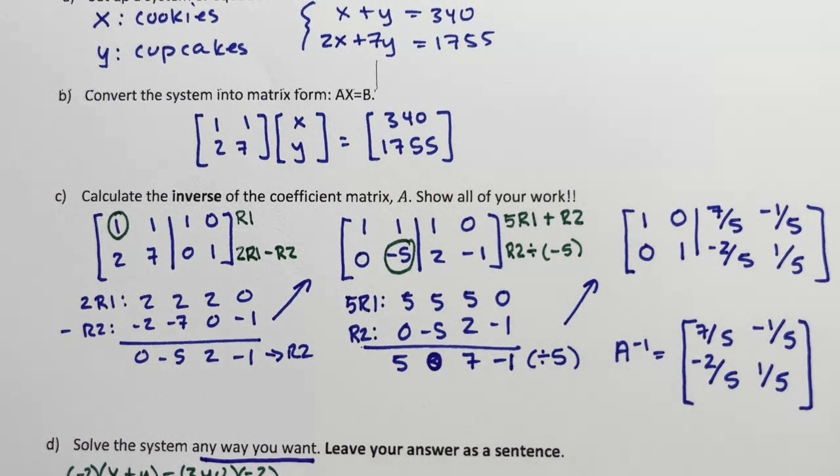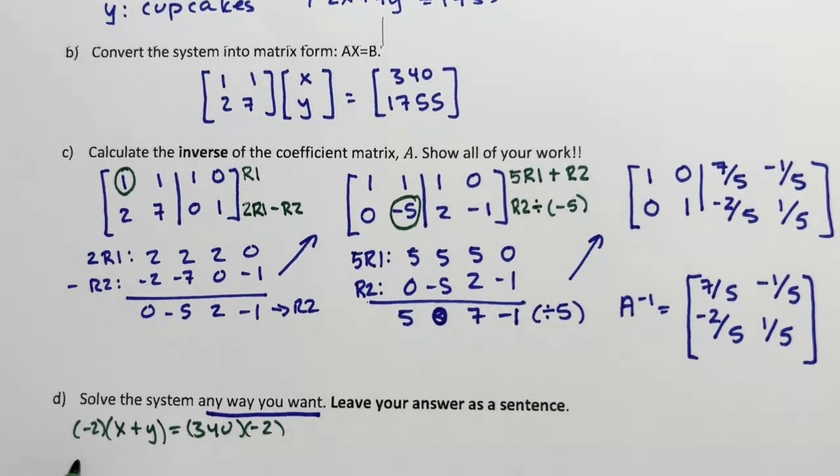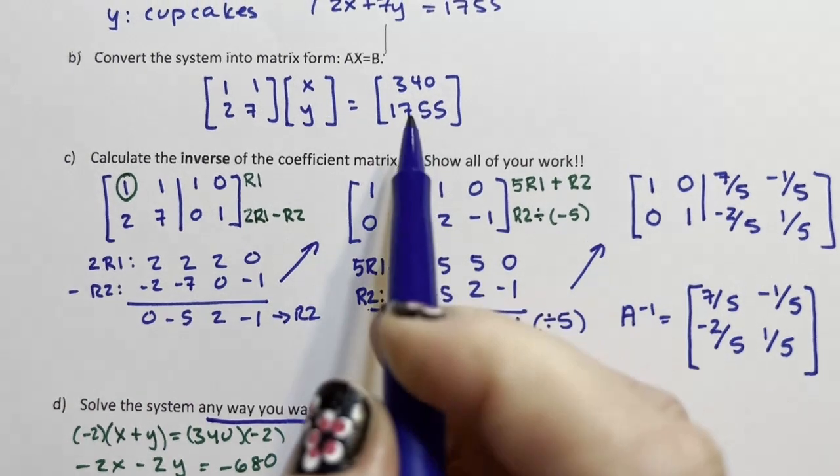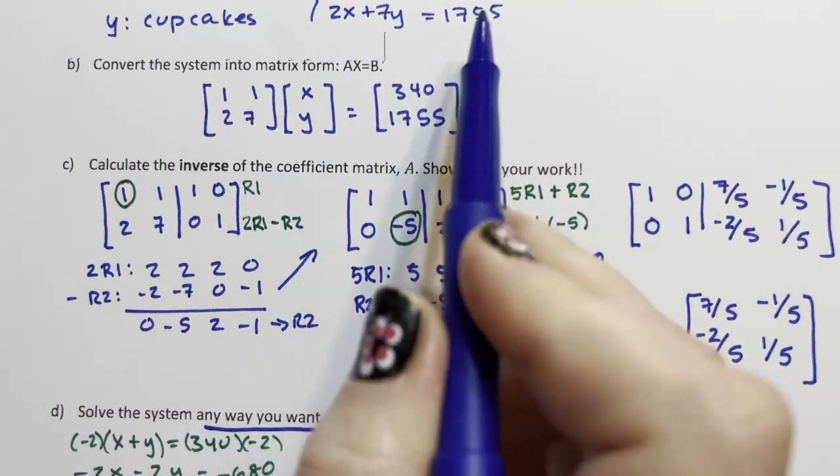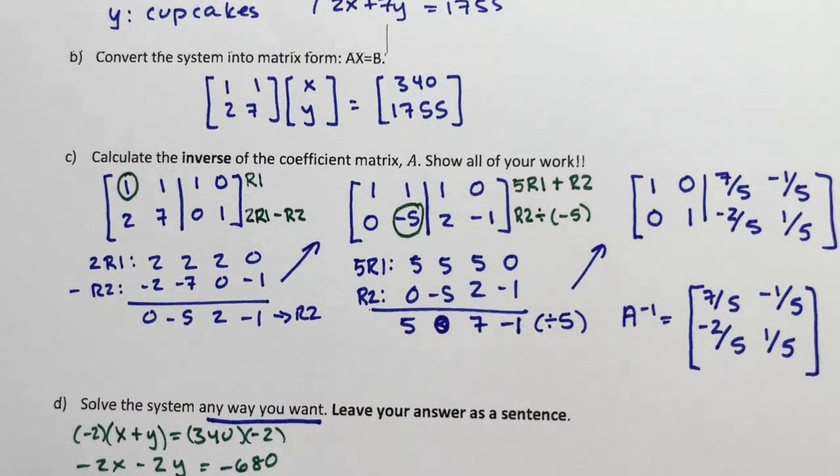And I'm going to get -2x minus 2y equals -680. That's just going to be my first step. And then I'm going to bring this second line, this 2x plus 7y equals 1755, and write it down here, 2x plus 7y equals 1755.